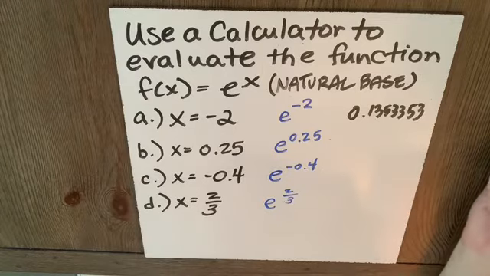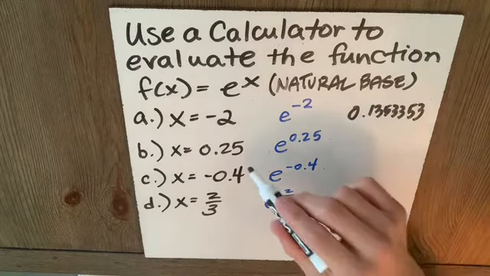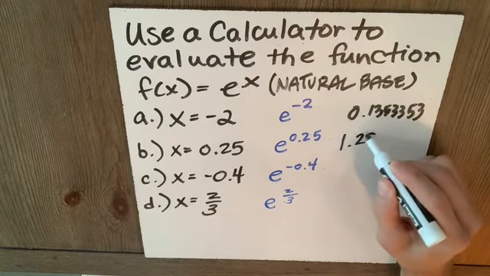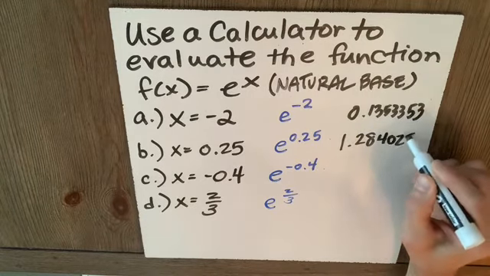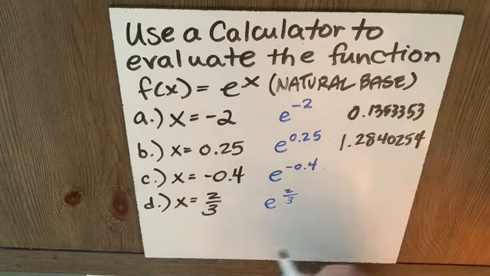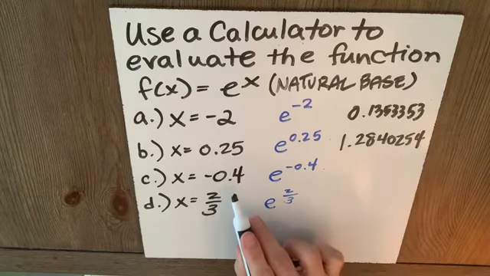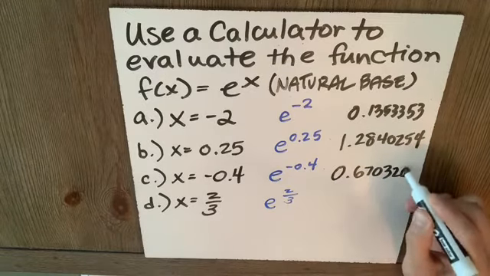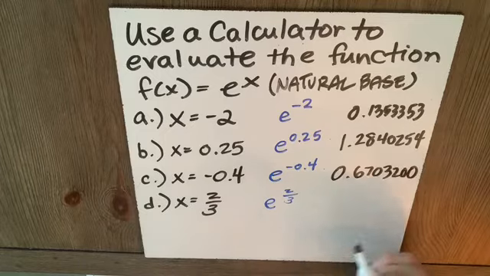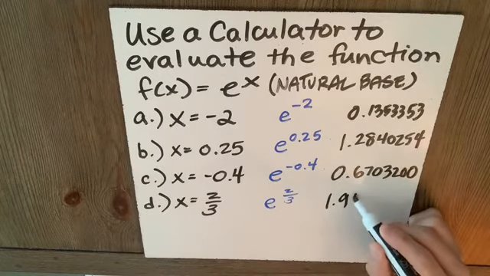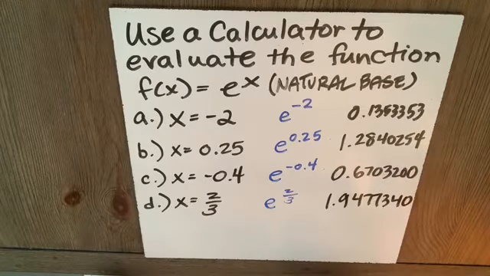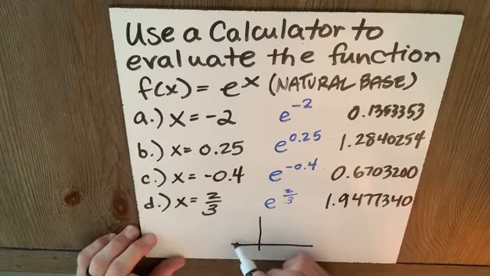If I'm asked to find the value when x is 0.25, then I put e to the 0.25 in my calculator, which is going to give me 1.2840254. When x is -0.4, I get 0.670320. And finally, when x is 2/3, I get 1.9477340.